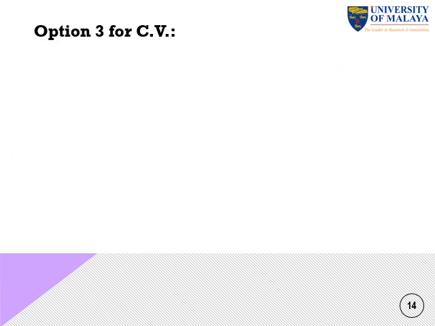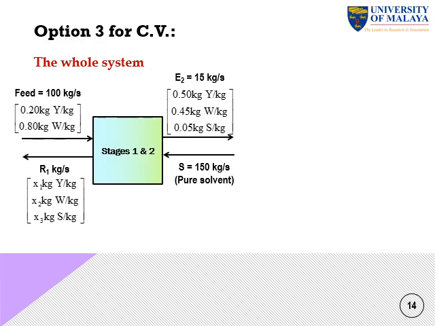So let's have a look at the third option for the CV, which is the whole system, where you combine stages 1 and 2, and you don't care what is happening in the middle of the process. You only look at the whole input and output. Combining stages 1 and 2, the inputs are the feed stream and the solvent stream, and the outputs are the E2 and R1 streams.